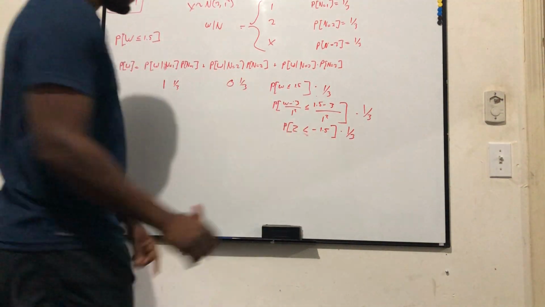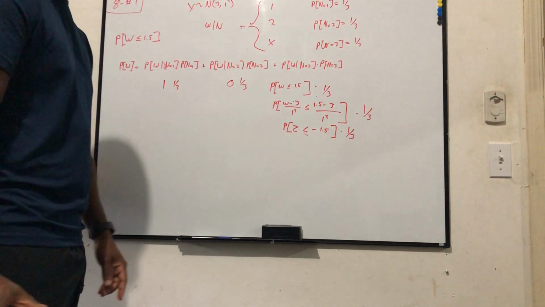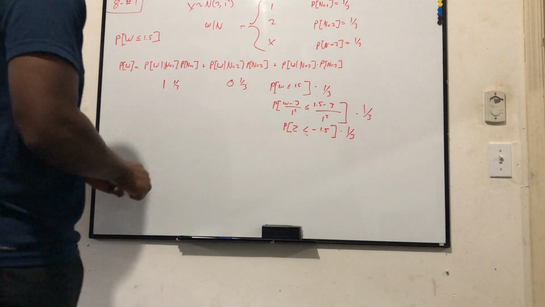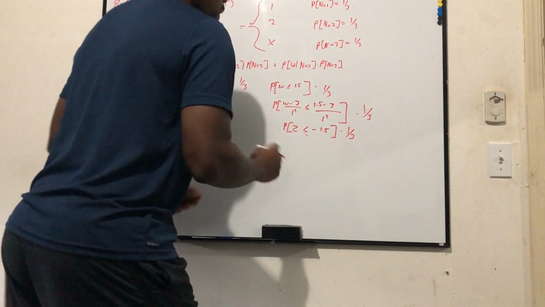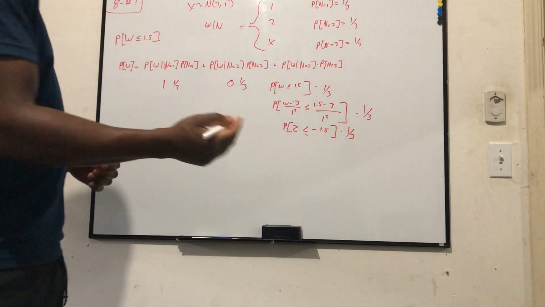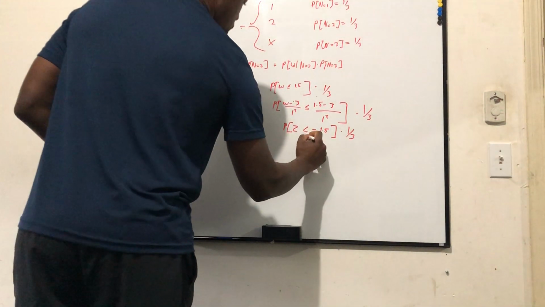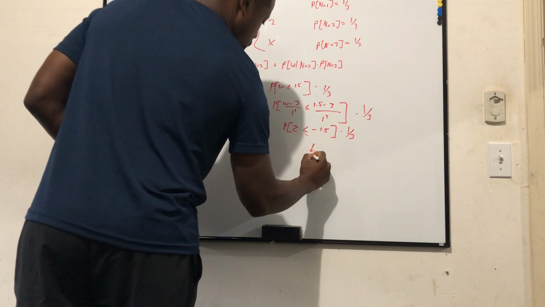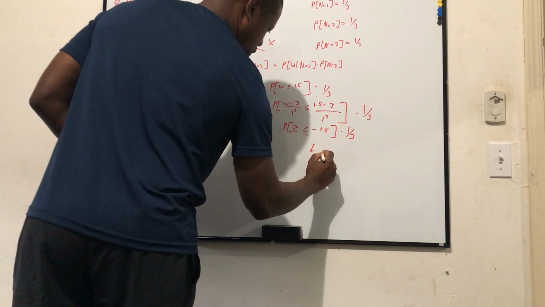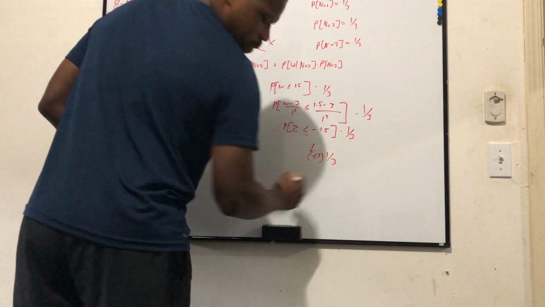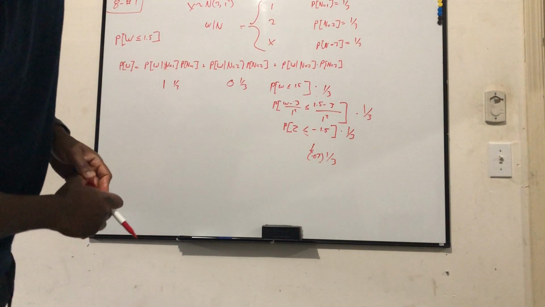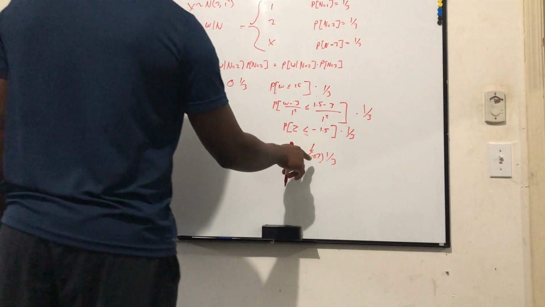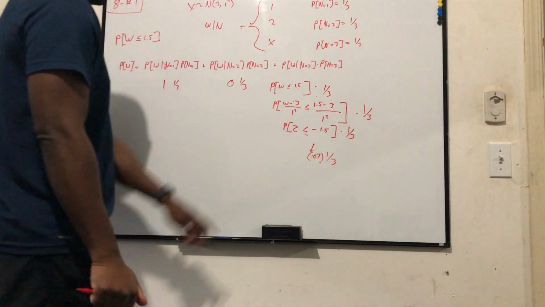So what is this z-score probability right here? Well, just to save myself some time and save you some time, this probability turns out to be 0.07, I believe. Yeah. So that's the probability that it will be less than that.